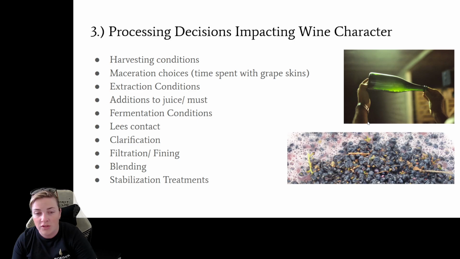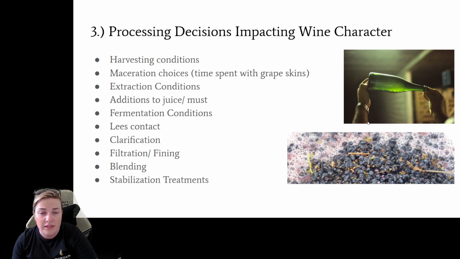Do you put it through the crusher destemmer? Do you do a whole cluster? And then we have your extraction conditions. Are you going to do a cold fermentation, a hot fermentation, for how long? Any additions that you make to the juice or must will impact it: acid, water, oak chips, right? You can add oak chips during fermentation.